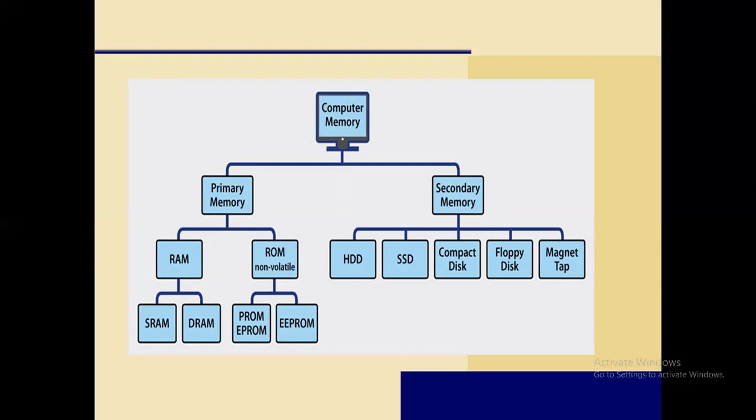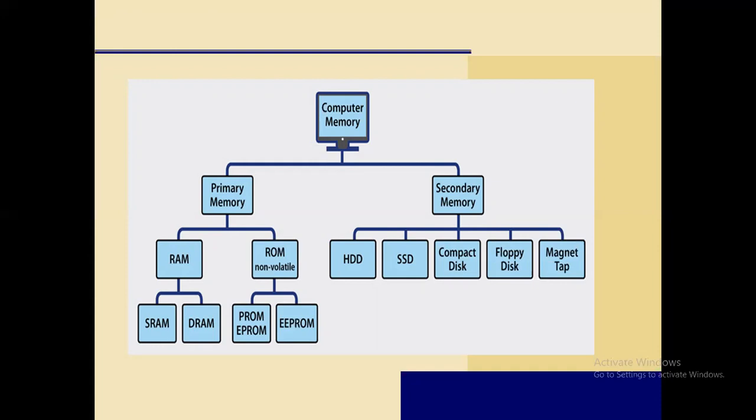Primary memory is further categorized into RAM, and RAM is further categorized into SRAM and DRAM, whereas ROM is categorized into PROM, EPROM, and EEPROM. On the other side, the secondary memory consists of sequential access storage and direct access storage, which is further categorized into hard disk, solid state drive (SSD), and others such as compact disk, floppy disk, and magnetic tape.